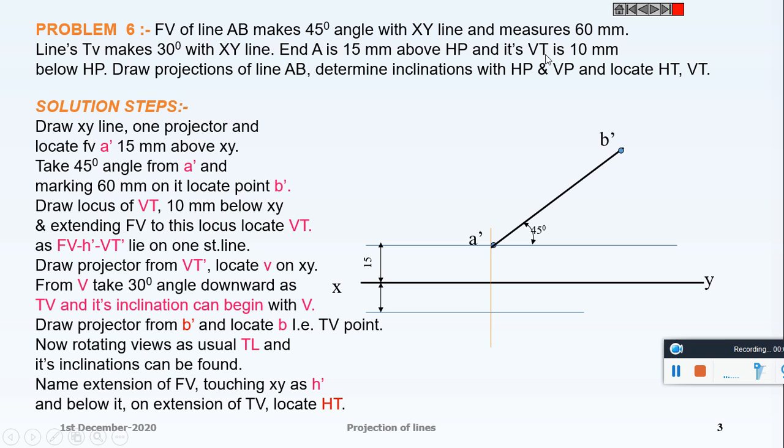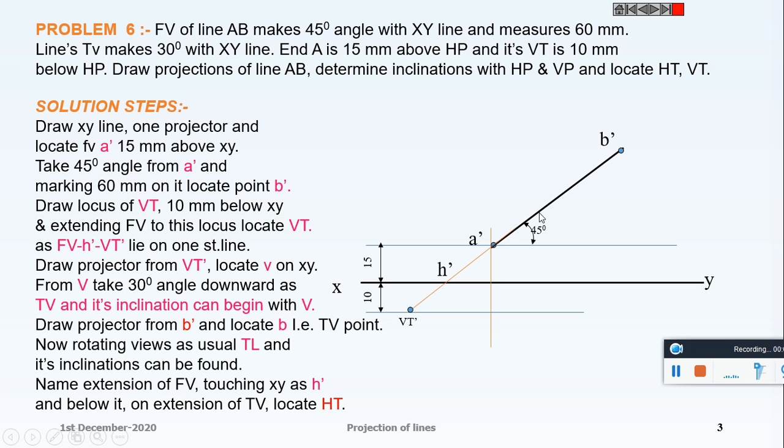It is also given that the vertical trace is 10 mm below HP. So this is the locus of the vertical trace, 10 mm below XY line. To get the vertical trace, produce the front view A dash B dash, which meets the XY line at point H dash and cuts this locus at VT or VT dash.